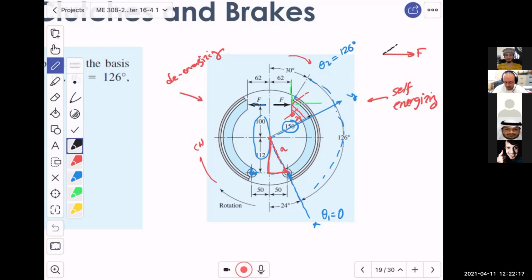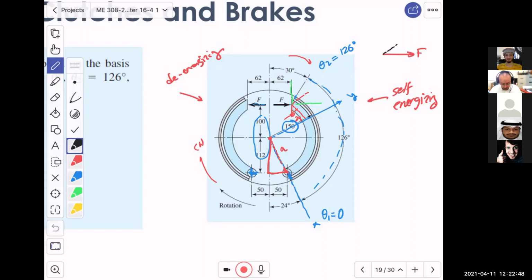Do you see that? This is X and this is Y. And you will see that finding Fx and Fy will be related to whatever I picked here as a coordinate system, which is inclined by 24 degrees. Do you see the amount of details?